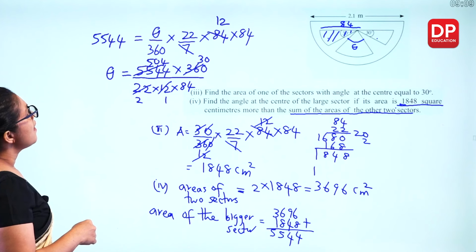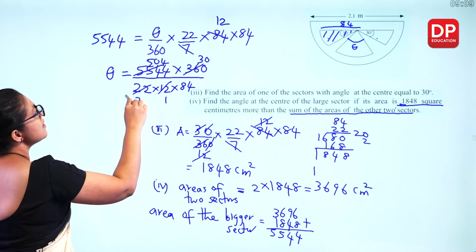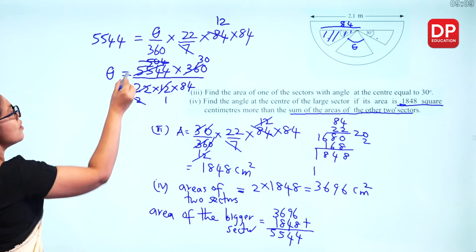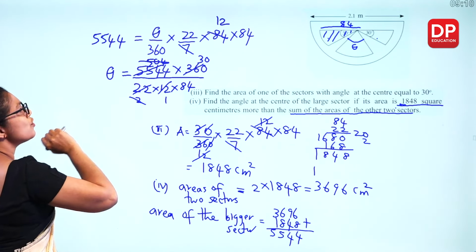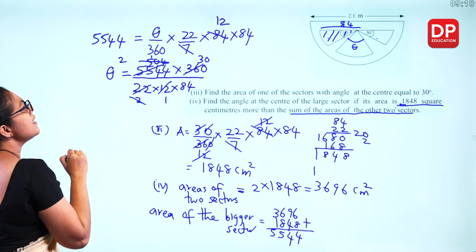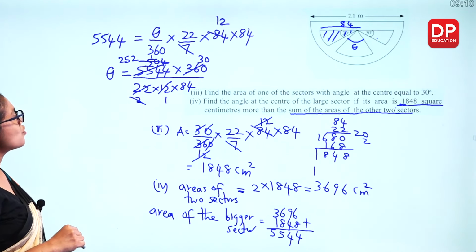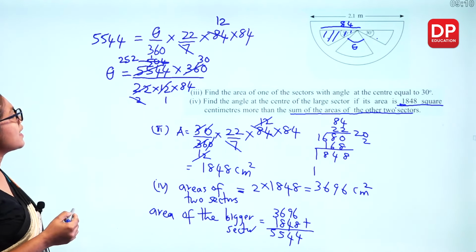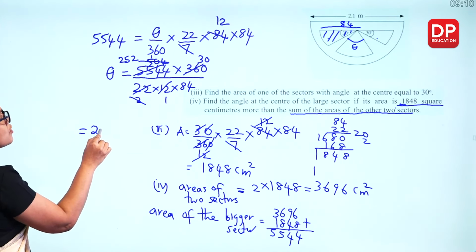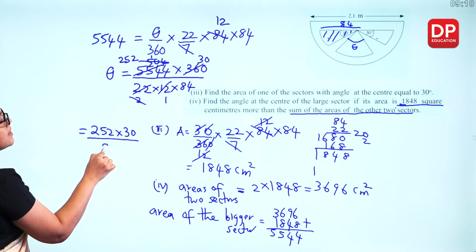I can divide again this with 2, divide 504 by 2, you get 252. So when you divide this by 2 again, what you get? You are now getting 252, 30 and 84.